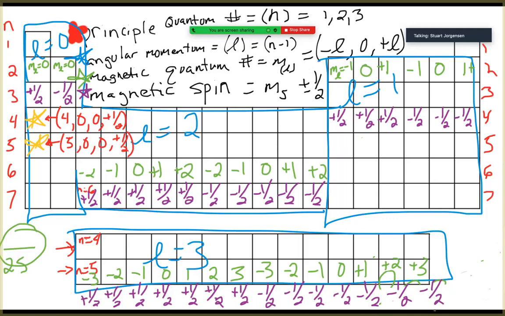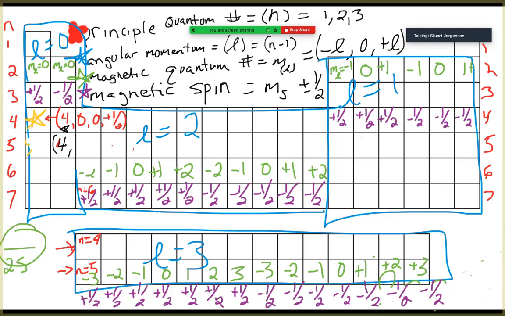If we were to describe the one right next door to potassium, we've got calcium. It's still in energy level 4 for our calcium here. It's the 4th energy level.